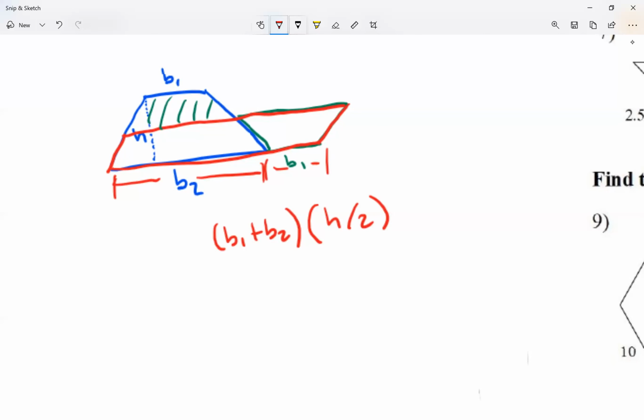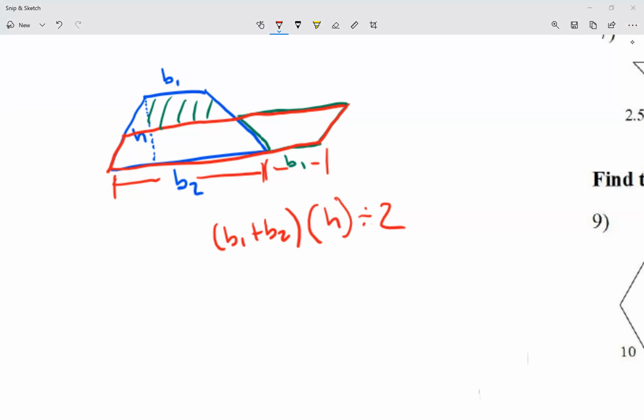Let me actually write this as height divided by 2. The height of the original trapezoid, I cut it in half. Notice on the picture how I cut it in half.